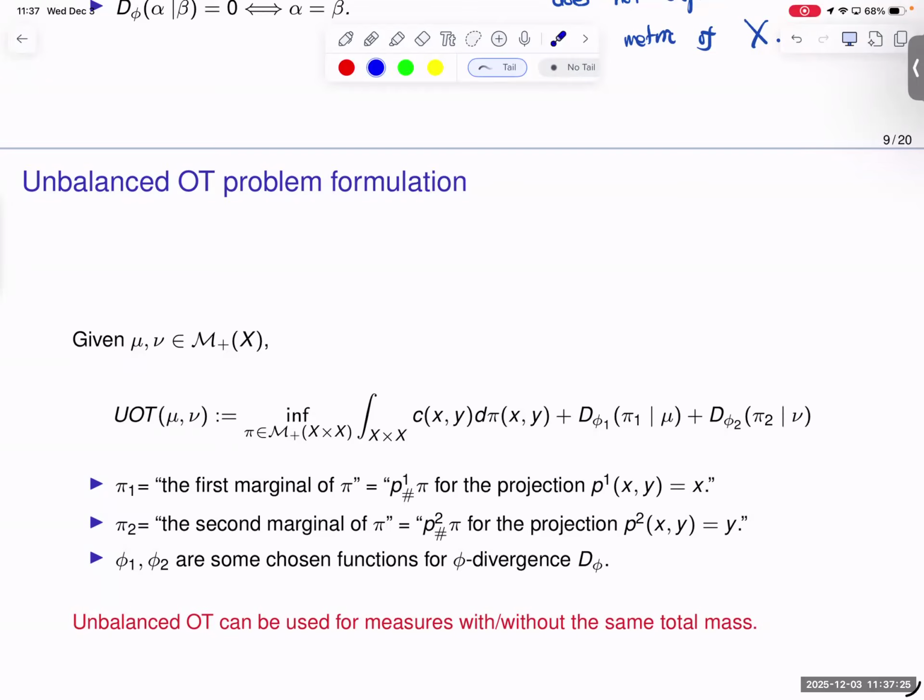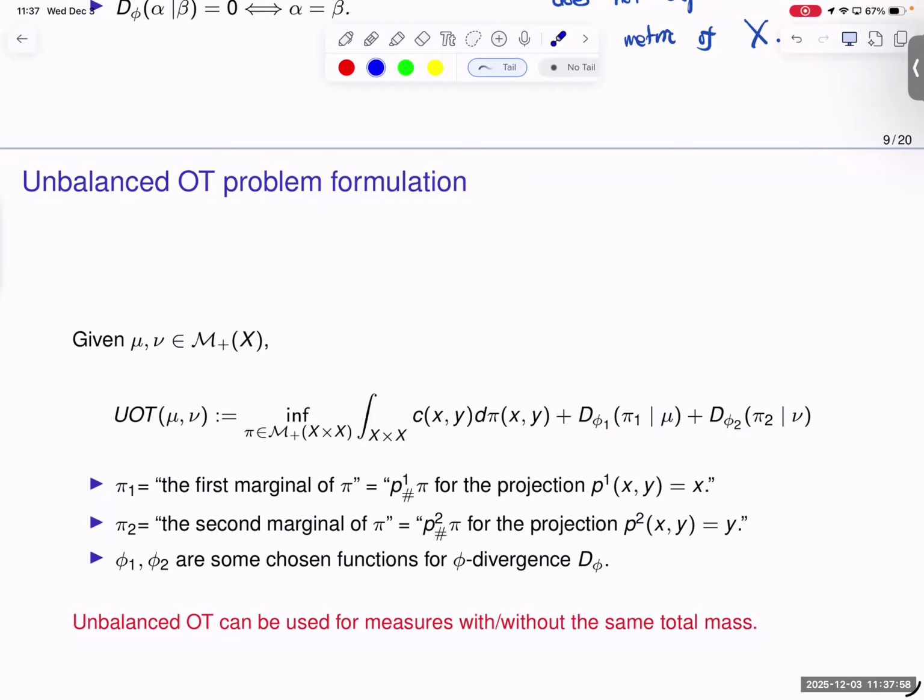But the idea is that we still consider the marginals, the first marginal pi1 and the second marginal pi2. The marginals are just the push forward by the projection mapping of that measure pi. Then we compare these marginals of pi with the given mu and nu, the given source and target distributions.